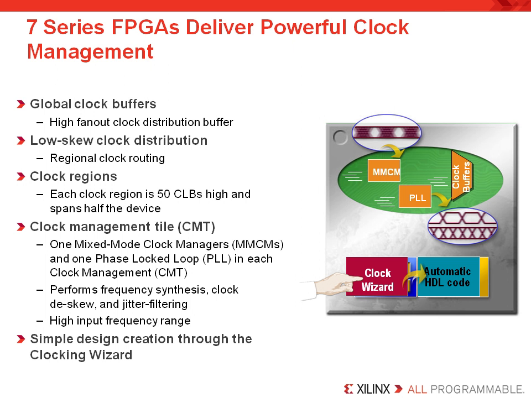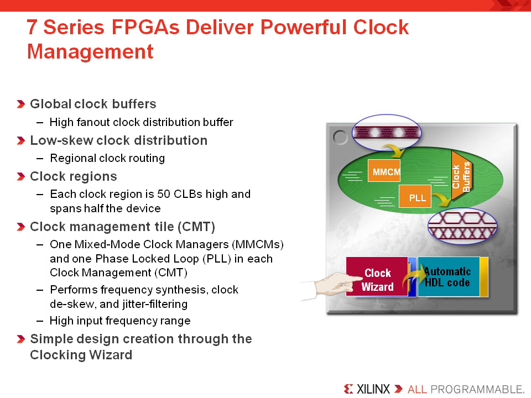The 7 Series FPGAs also have clock management tiles called CMTs, which include PLLs and other clocking resources. Now the 7 Series, like Virtex 6, does not contain a digital clock management resource. That's a DCM. DCM behaviors are now completed in the 7 Series by the use of PLLs. The CMTs perform frequency synthesis, clock de-skew, and jitter filtering.